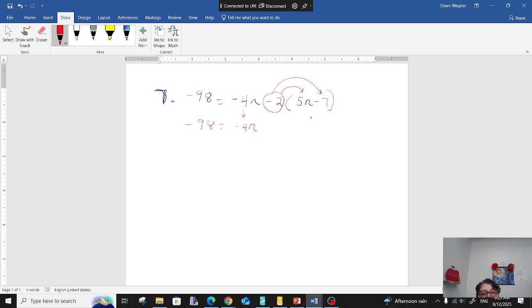Negative 2 times positive 5n, negative 10n. Good job. Negative 2 times negative 7. Be careful. Positive 14. Many students would have kept this negative, right? But not you. You all will get it right because negative times negative is positive. So we distribute.